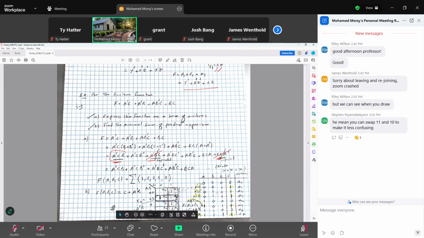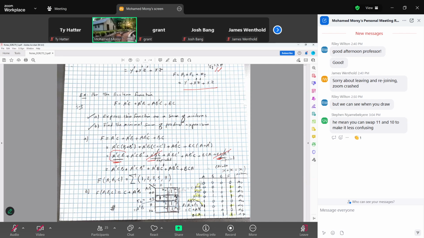Okay, now. So the final standard expression is here. From here we can now get the complete truth table. So we put CBA, or arrange the truth table in this way.